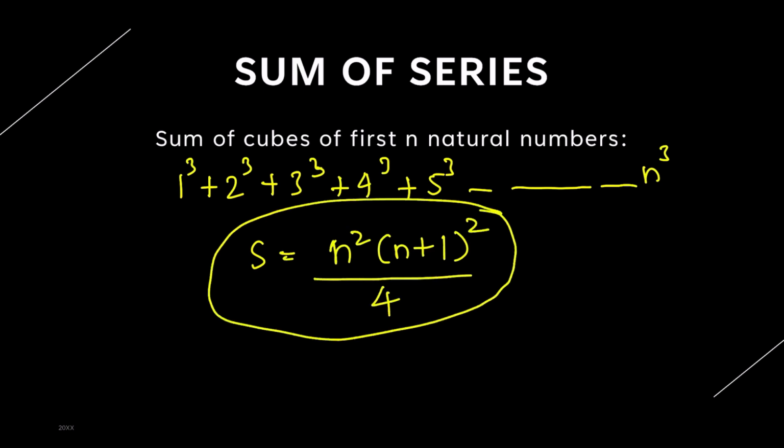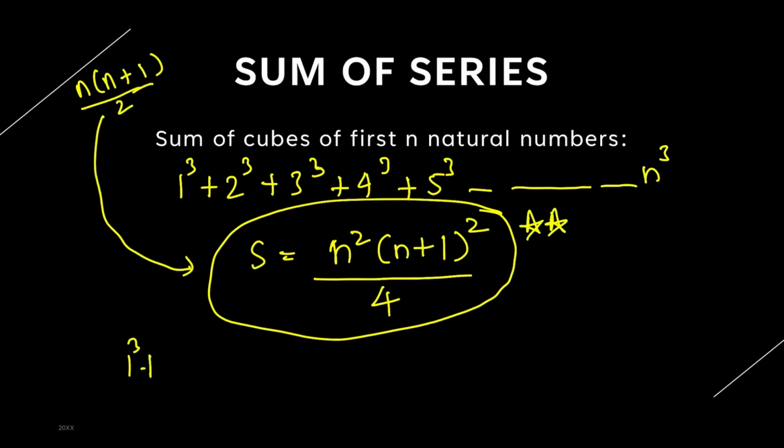This is the formula, right? If you check it, this is just the square of what we have done in the first slide. There the formula was n into n plus 1 by 2. Here you can just take the square of everything and you will get this formula. This is a quick trick to remember this formula, right?